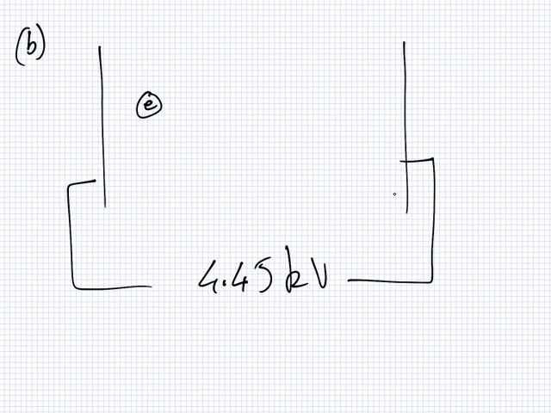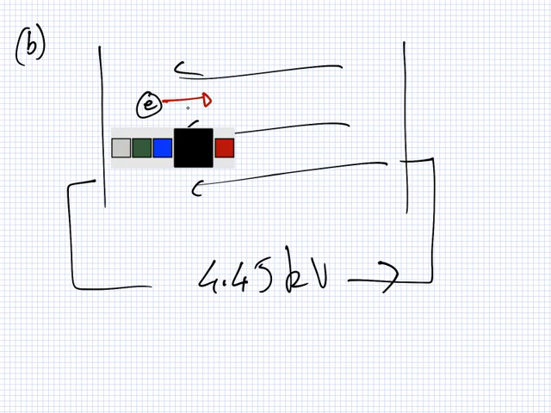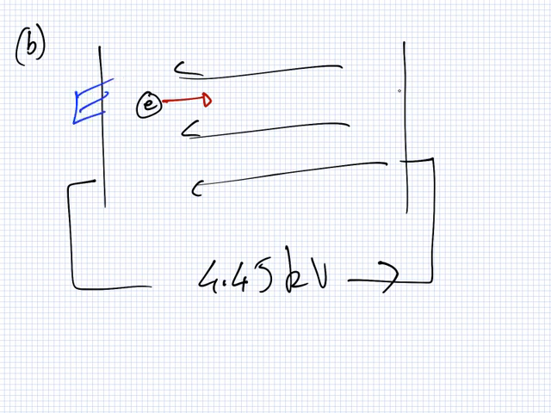So we have the current going this way in the electric field, and the electron is fired across. The way to do this one is, they want the speed, isn't it? So you say that the energy here is equal to the energy when the electron is there. At the beginning there's no kinetic energy, it starts at rest, there's only potential.